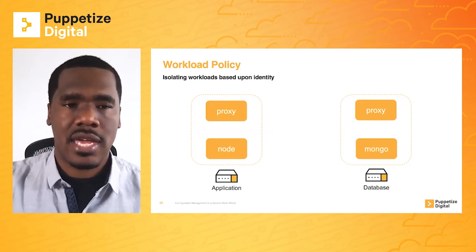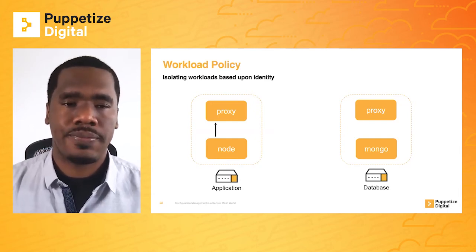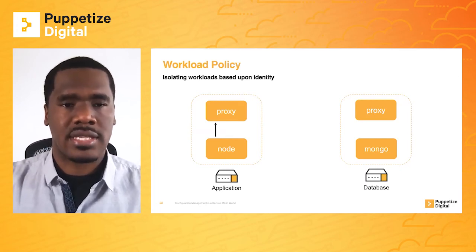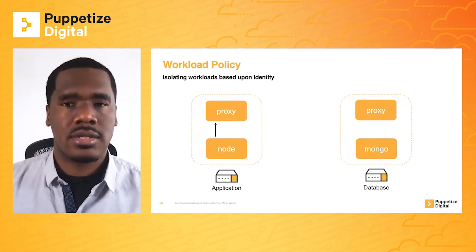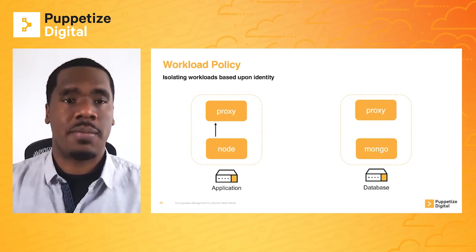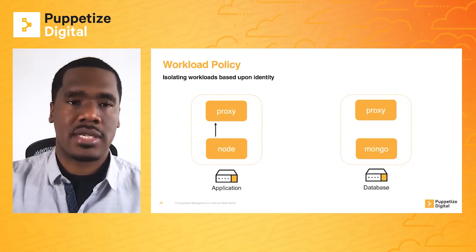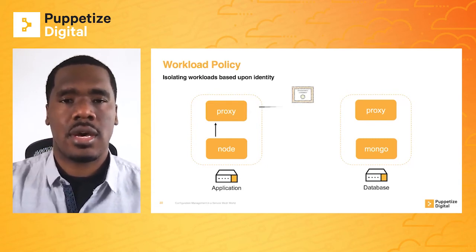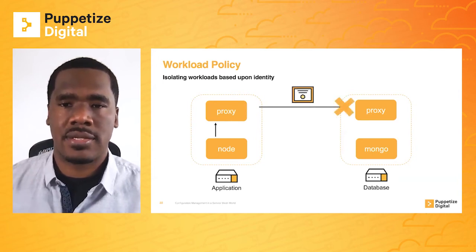And so what this looks like is the Node application talks to the proxy that sits next to it to say, I would like to send this communication to the database service. And so the proxy then takes it, sends the request over to the proxy for the database.